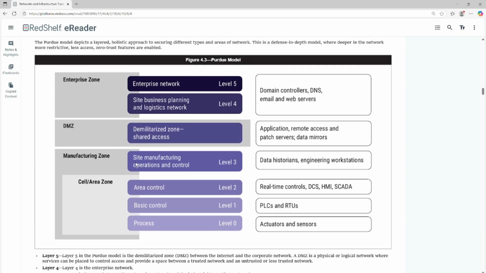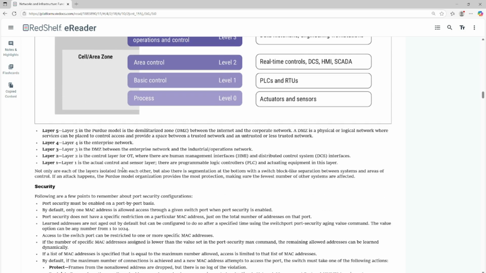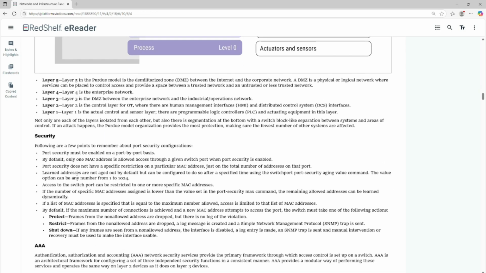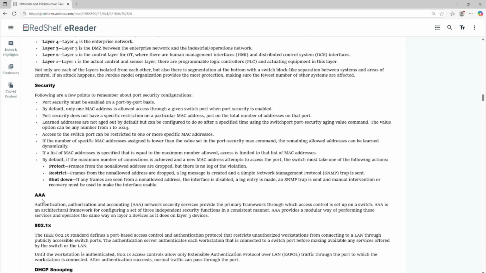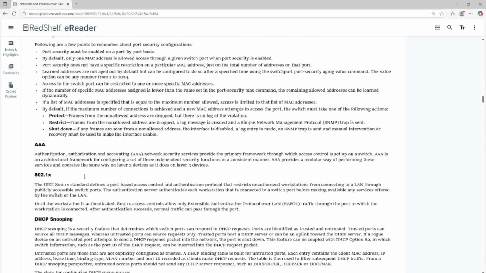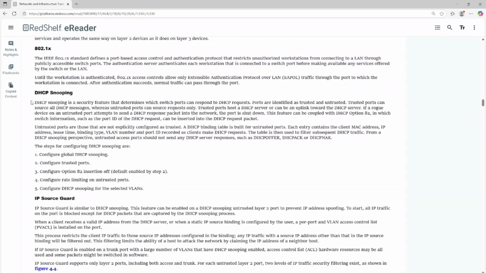So this is very important. You can read all this for a better understanding of how these players are involved when it comes to security, AAA for authentication and all. Read it for a better understanding.